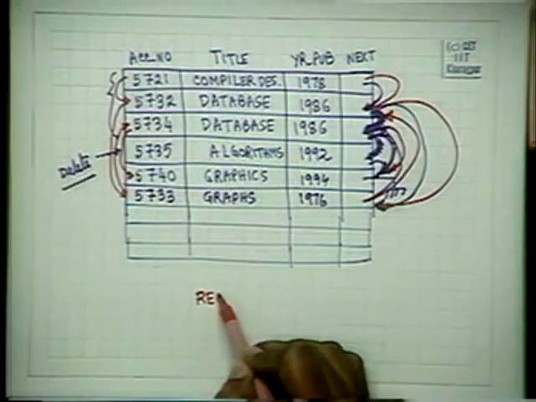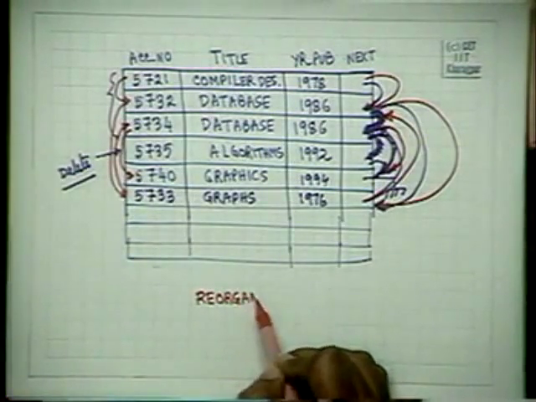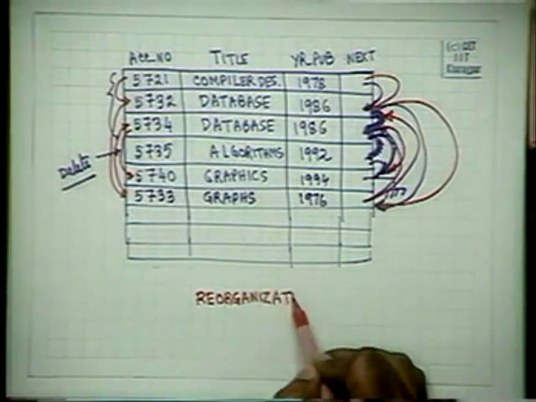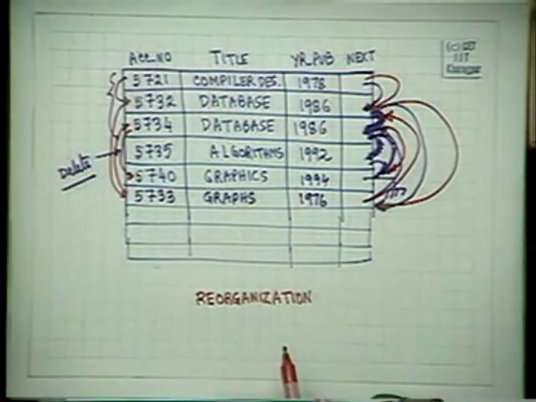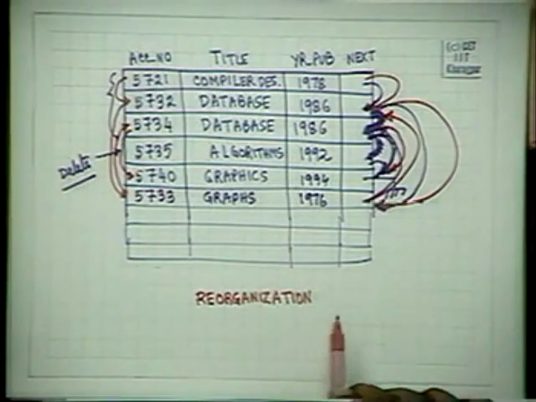So, in every such file system, you will have the concept of reorganization, which will from time to time, say at the end of the day when nobody is working on these files, no insertion or deletion operation is going on, rearrange the whole file, so that it is again in strict physical sequential order. So that when you start the next day's operation, you have got a file which is strictly sequential.